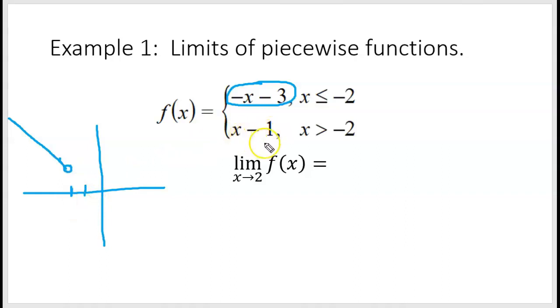You guys don't have to draw this. I'm just explaining what a piecewise function is. It's probably been a while since we've seen one. For this one, we have x minus 1 as the function for all values of x that are greater than 2. So from here, we have the function x minus 1, which is going to look something like that.